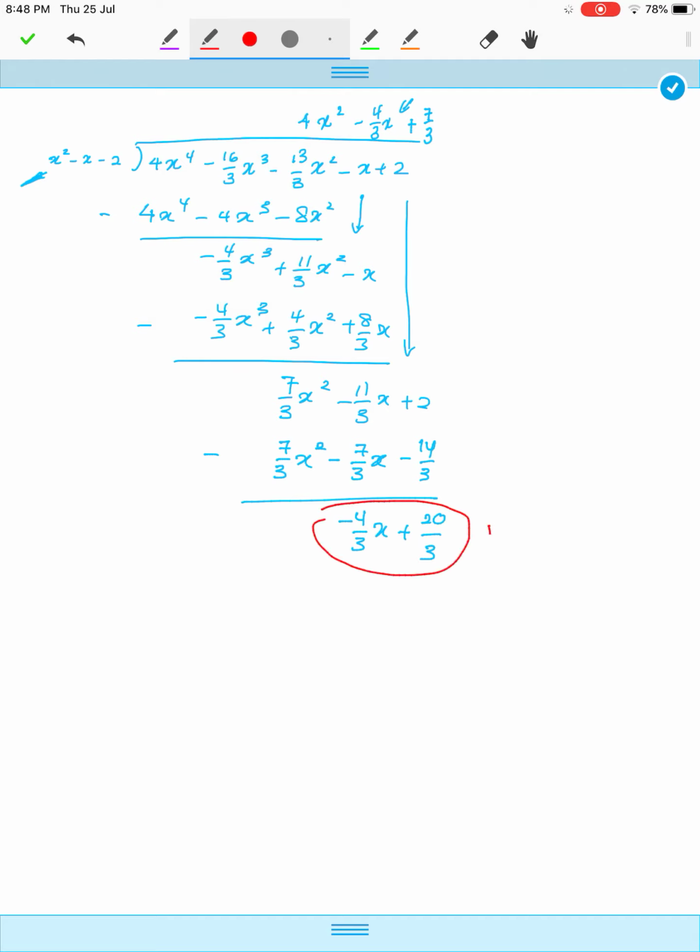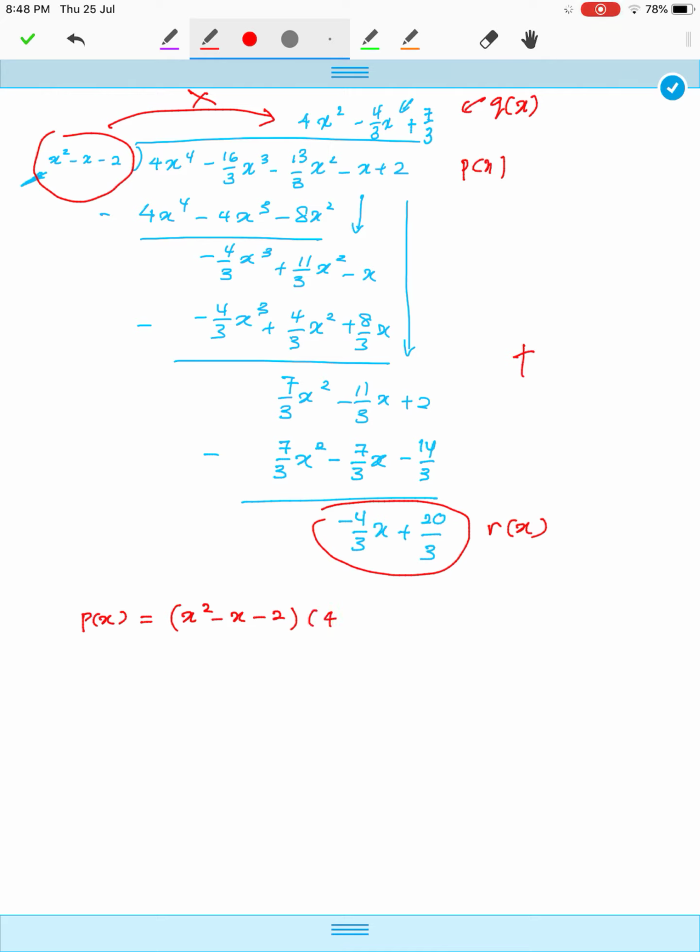So this is your rx and this is your qx. What we do, we take this, we multiply by the quotient plus the remainder, which equals px. So px equals x square minus x minus 2. So what is your q?